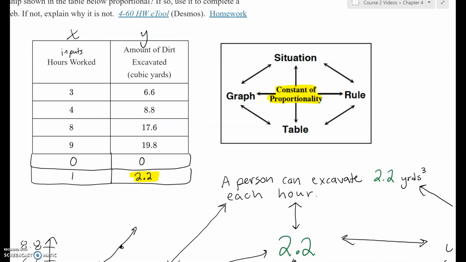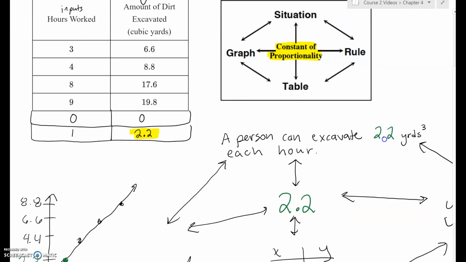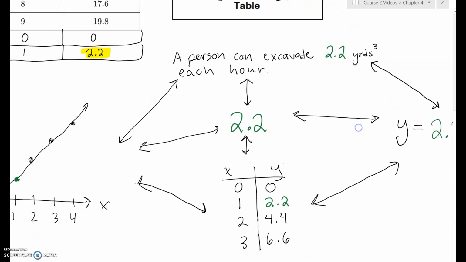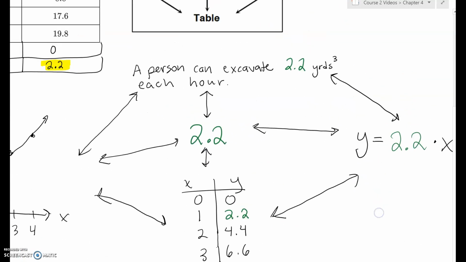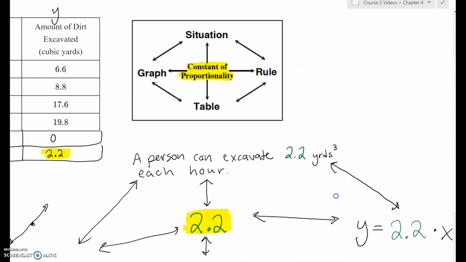So this is our proportions web, and we've got our constant. I know it's a lot going on. This is not the cleanest one I've ever done, but in the center, you'll see that we have the constant of proportionality, our unit rate. And up above, we've got the situation. So I just explain the situation in words.